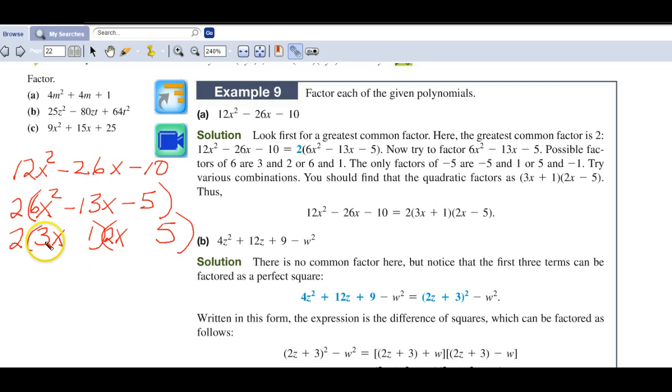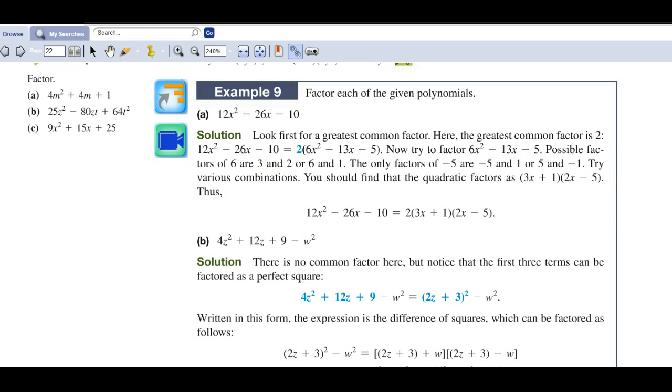Because what I saw is a 3 times 5 is 15, and then this is a 2, and the difference is 13. So where would my signs go? Well, I need a negative 13 in the middle, so the larger one, this will be a negative 15. A positive 2x gives me my negative 13. And there is my factorization. But again, this is a skill that you're going to try to develop as you go along.